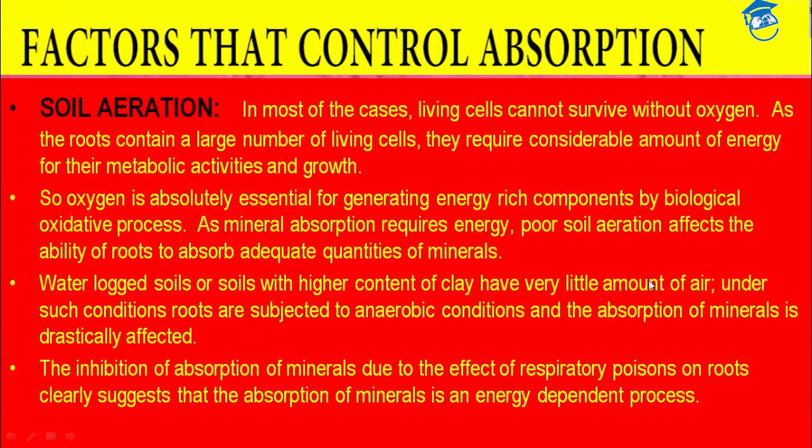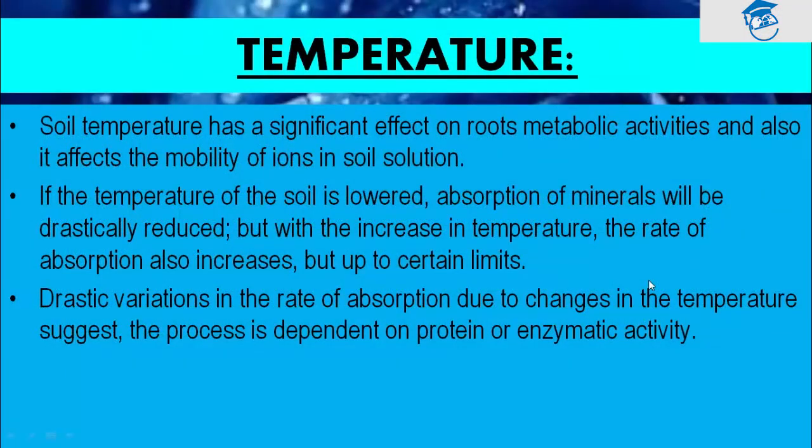respiratory poisons on roots. Now the second factor is temperature. Soil temperature has a significant effect on roots' metabolic activities, and it also affects the mobility of ions in soil solution. So temperature is another crucial factor that influences absorption of nutrients from soil.